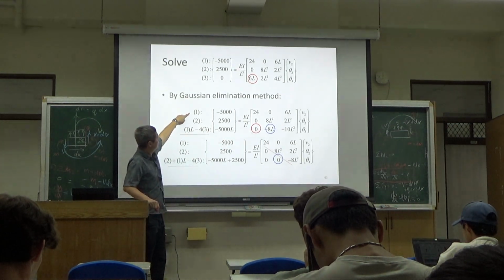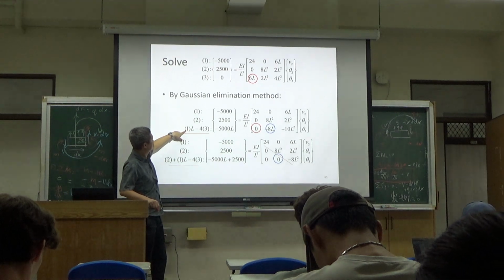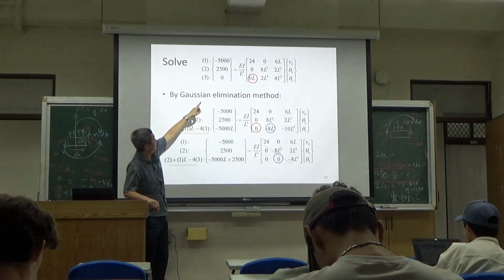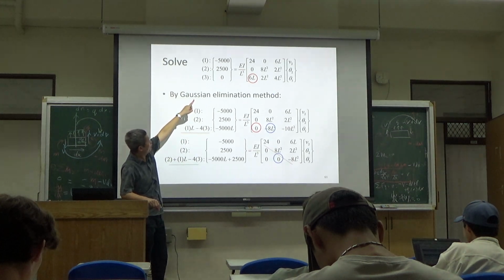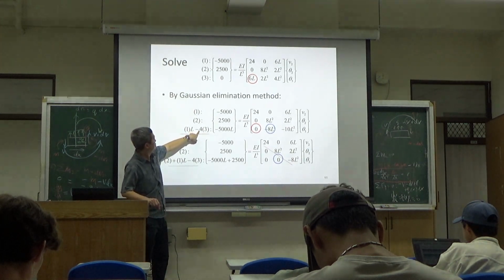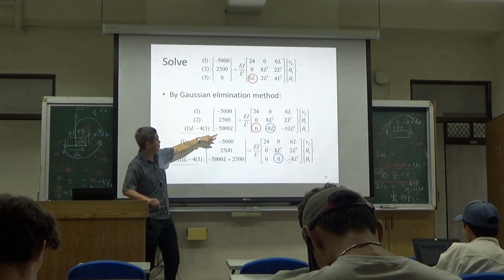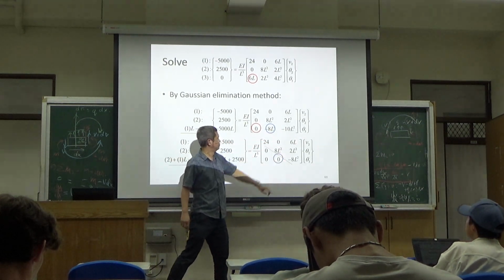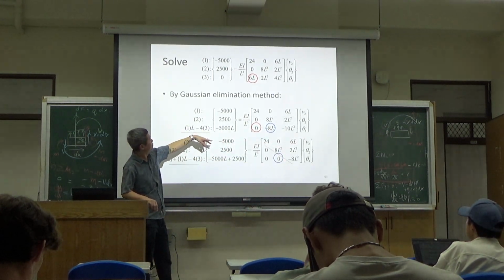Take the first equation and then minus 4 times the third equation. Okay? When 24 times L minus 4 times 6L, so you zero this out. Okay? And then, so this is the first zero.